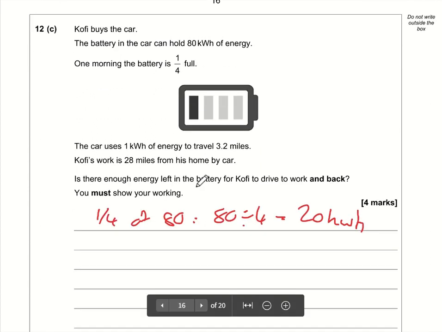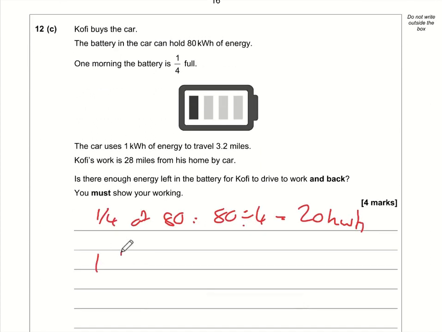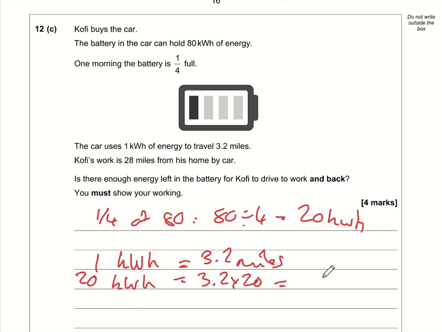Okay, so we know that 1 kWh, by the way, you don't need to know that it stands for kilowatt hour, we can just see it as a set of random letters. 1 kWh equals 3.2 miles, so therefore 20 kWh is going to be 3.2 multiplied by 20, and that is 64 miles. So there's enough charge in the battery to travel 64 miles.